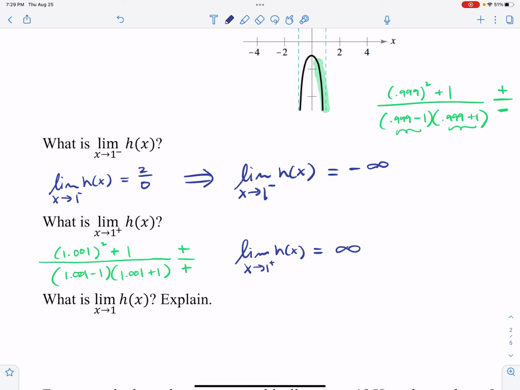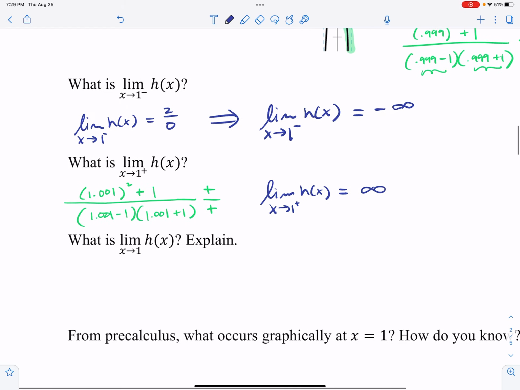So what is the limit as x approaches 1 for h of x? Well, our one-sided limits don't match. Our one-sided limits both don't exist, but we were able to state why they don't exist.